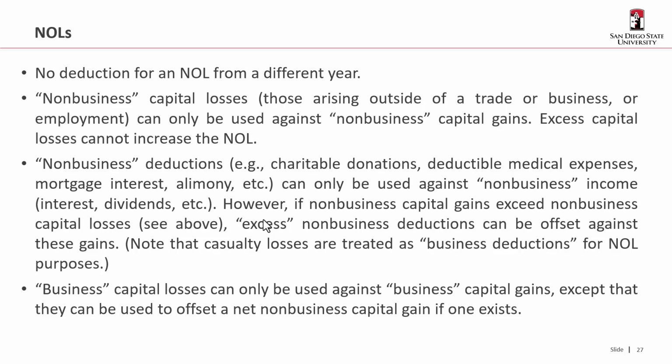Careful note here, casualty losses are actually treated as a business deduction for NOL purposes. And then lastly, business capital losses can only be used against business capital gains, except that they can be used to offset non-business capital gains if one exists.